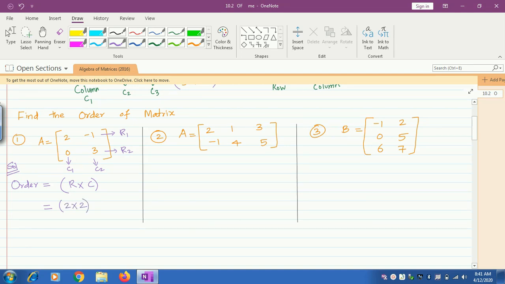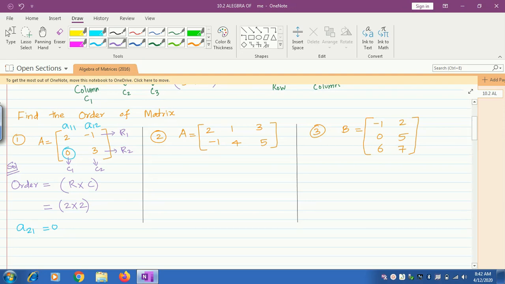And I want to know what is A21. What is the element of A21? This is A11, this is A12, and this one is my A21. A21 is 0. So if the question asks for an element, you just have to pick the corresponding element of the matrix.